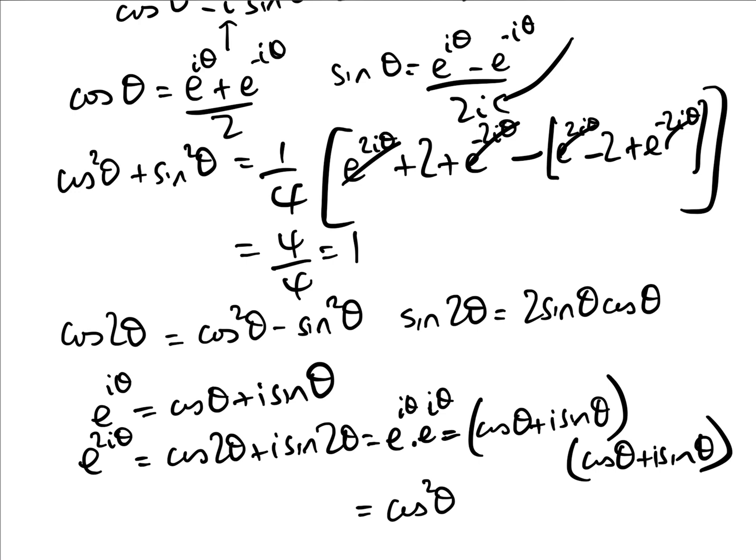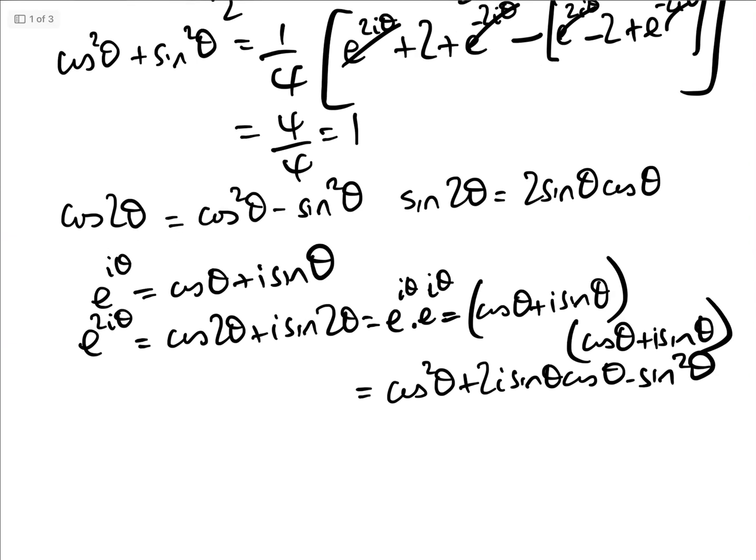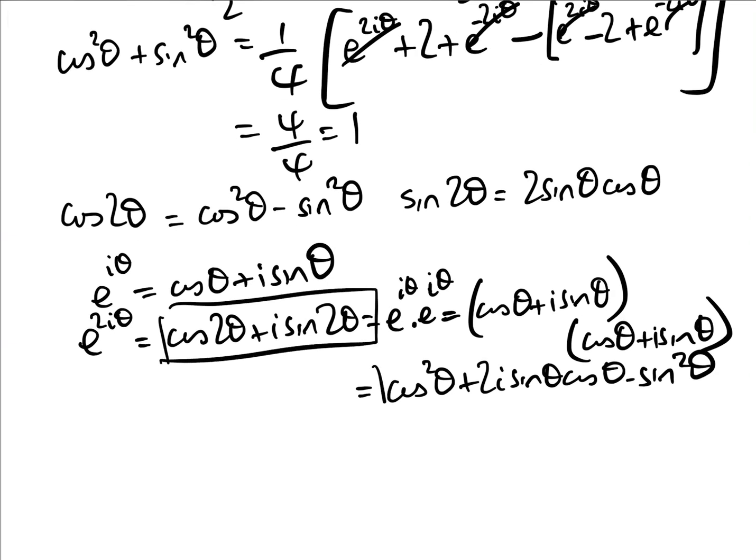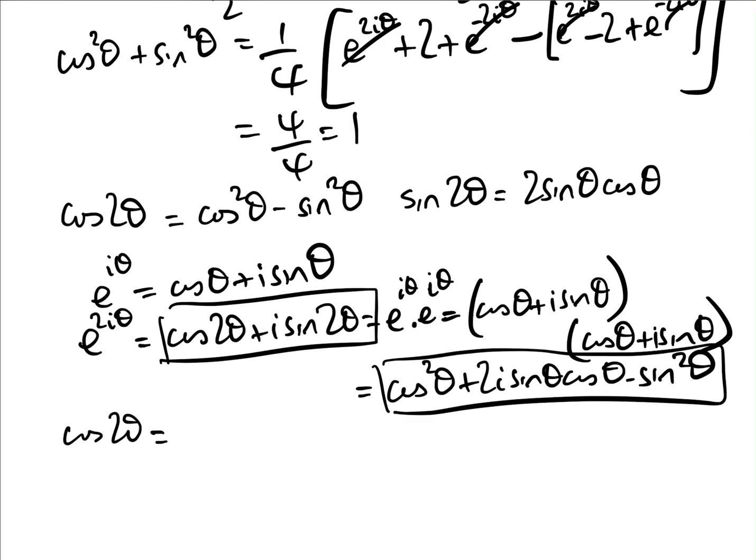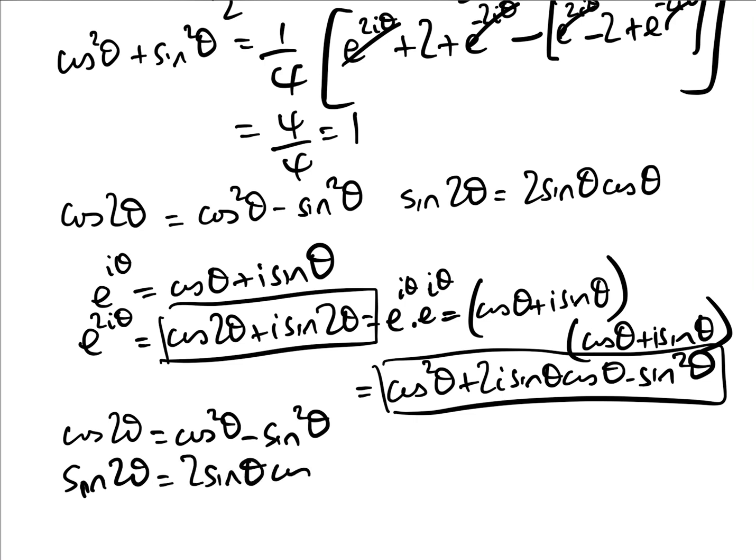Expanding that gives us cos squared theta add 2i sine theta cos theta minus sine squared theta, and then all we have to do is compare the reals, which gives us cos 2 theta equals cos squared theta minus sine squared theta, and then compare the imaginaries, which is sine 2 theta equals 2 sine theta cos theta. So it works, and that's basically, you know, 3 examples, but we could carry on proving any trigonometry identities that we wanted.